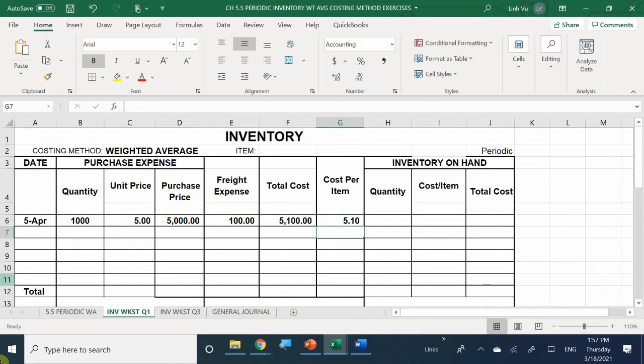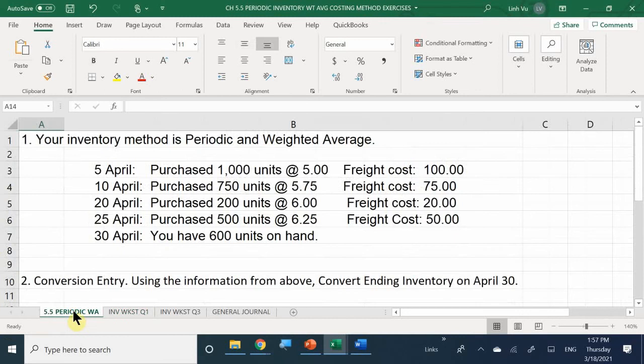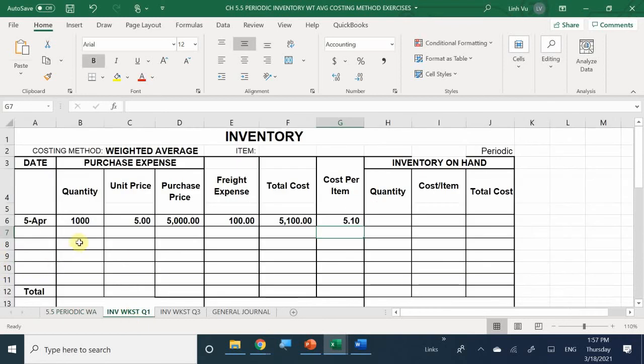So then what has happened next on April 10? We made another purchase of 750 units at $5.75 each, with a freight cost of $75.